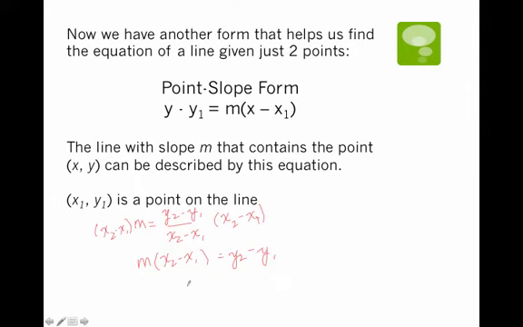And if I rewrite this a little bit, I've got y minus y1 equals m times x minus x1. So we didn't just make this up, this actually came from somewhere, and we'll have this on our formula chart. So not to worry, you will be able to find it.